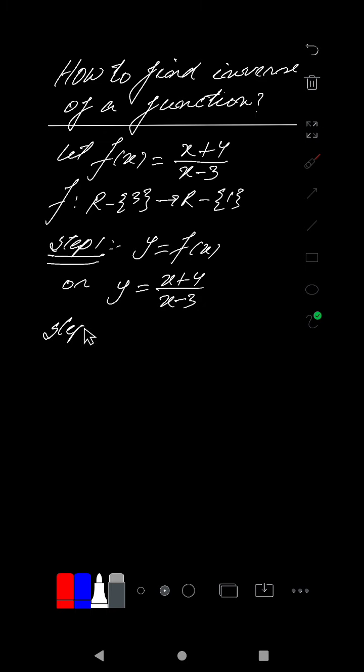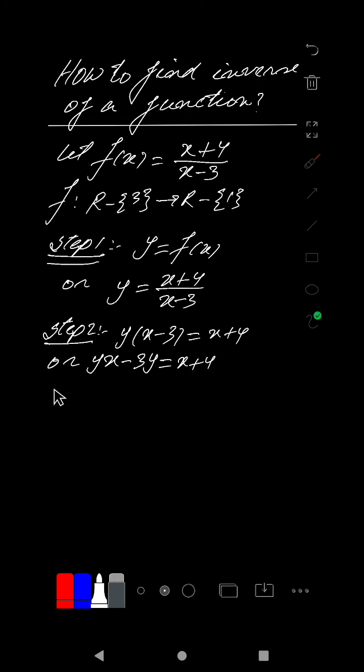Then step 2, we transform this equation as x is equal to a function of y, as we have done in the case of checking invertibility. So y into x minus 3 is equal to x plus 4, or yx minus 3y is equal to x plus 4, or transposing x to this side and 3y to that side, we have yx minus x is equal to 3y plus 4.